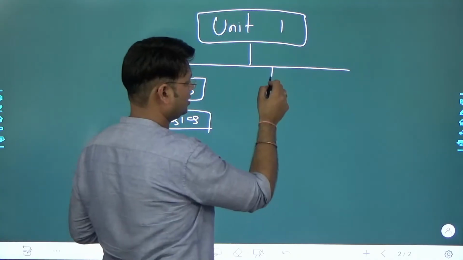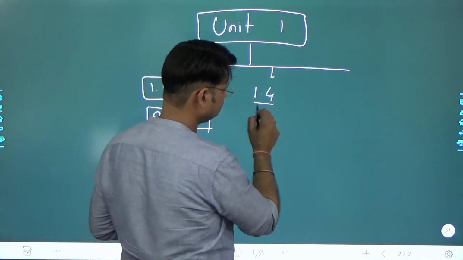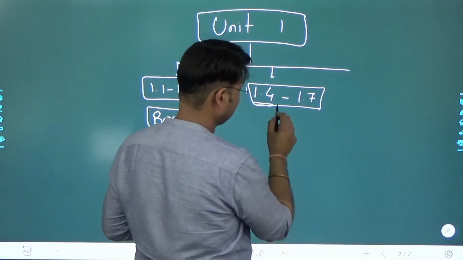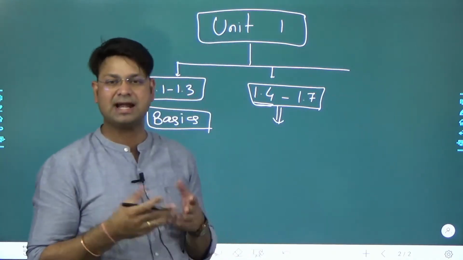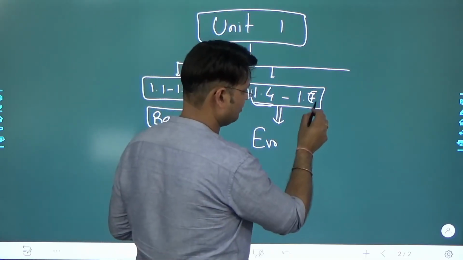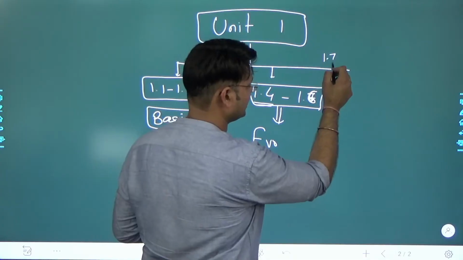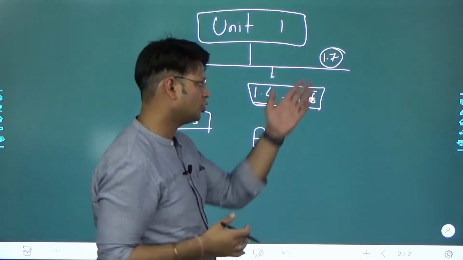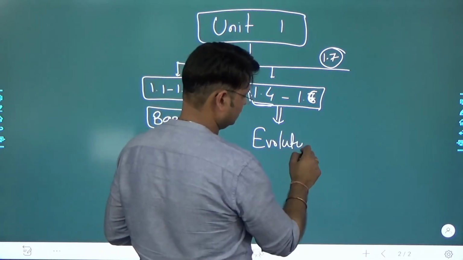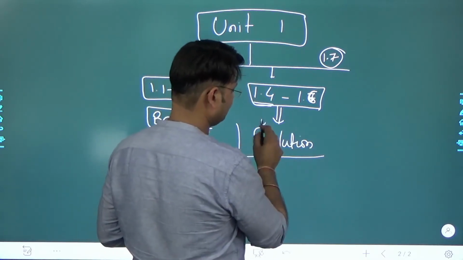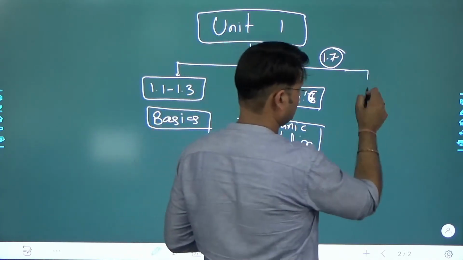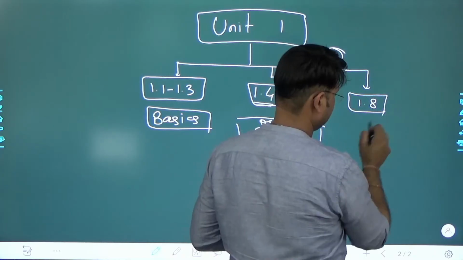From 1.4 to 1.7 it talks about biology and evolution, especially 1.6. 1.7 is just an exception, because it should have been before cultural evolution. So it talks about organic evolution, and 1.8 is cultural evolution.